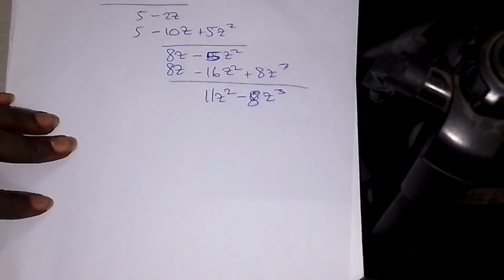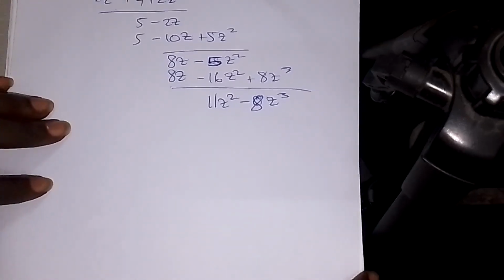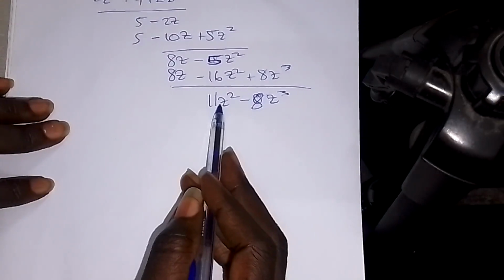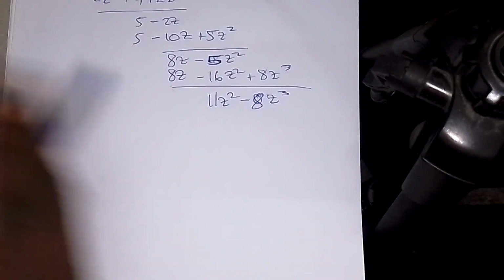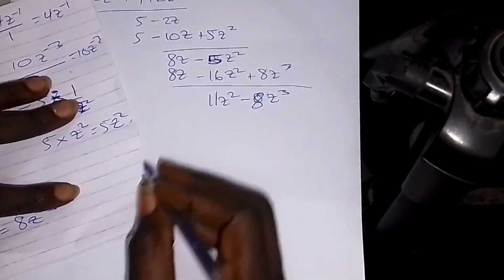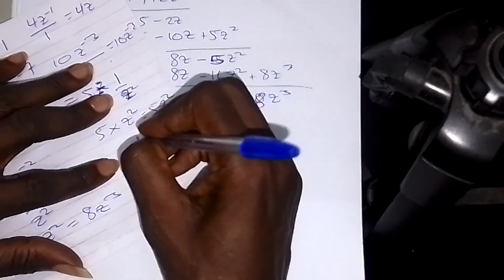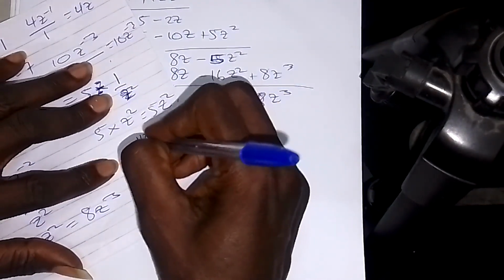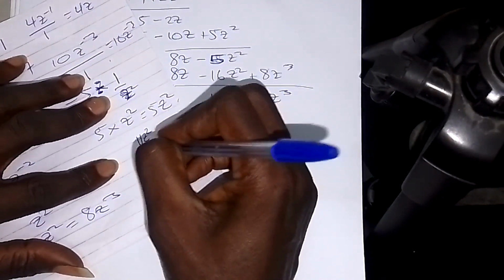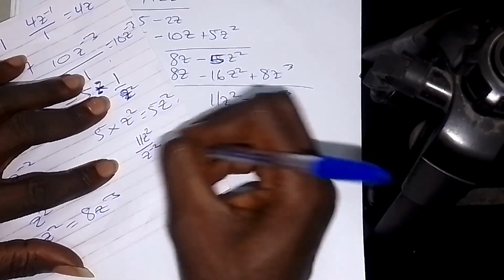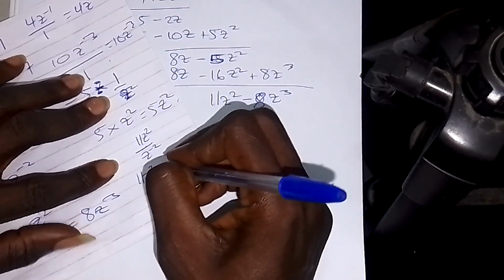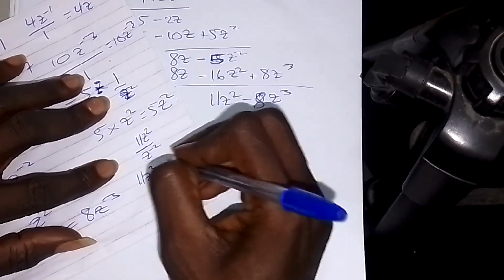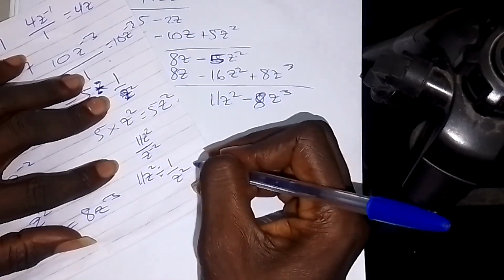So now, if I have this one, it will go here: 11z squared, divided by z exponent minus 2. So 11z squared divided by 1 over z squared.